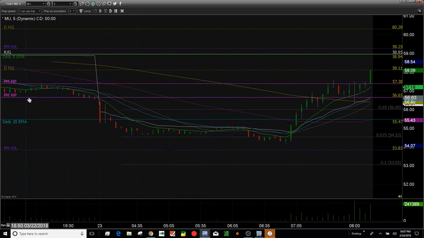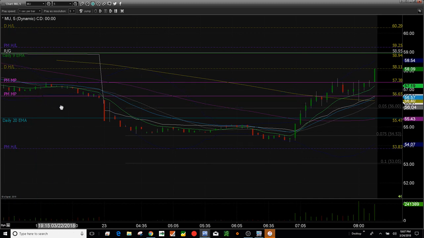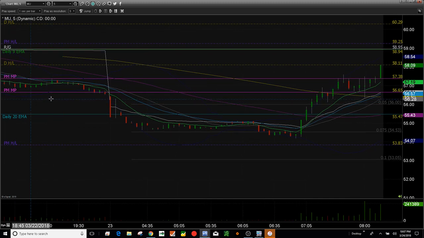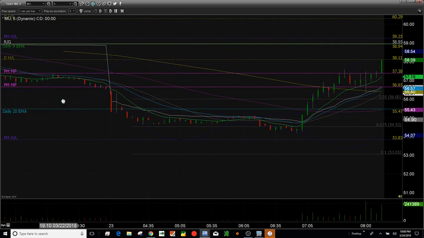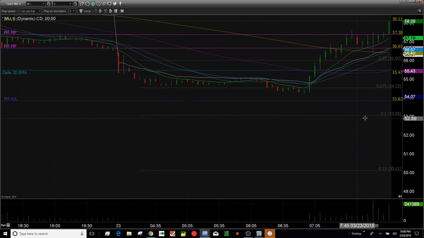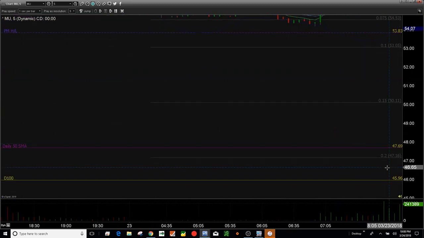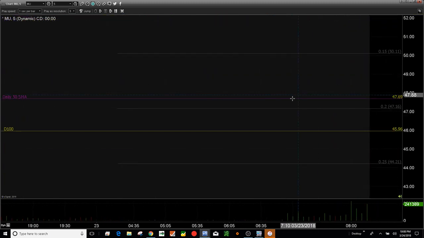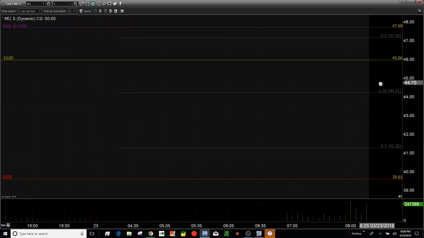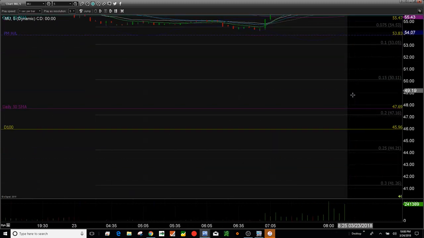Pre-market macro pivot, potential areas of support and resistance from the pre-market area that do come into play during the trading hours. The 20 EMA, pre-market low, and then way down here we have the 50, 100, and the 200 way down here, which I do not think is going to come into play.